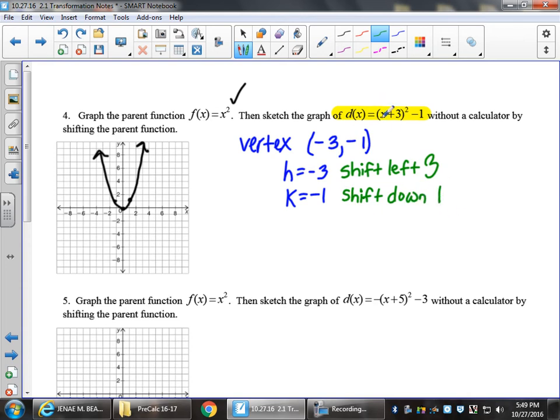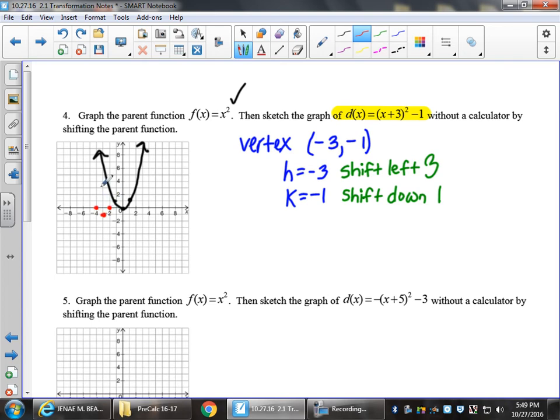I look just to make sure there has been no change to a, so I know that there will be no change to the width. There's no stretch. There's no more wide or more narrow going on here. So we're just going to pay attention to shifting our vertex here. So I started 0, 0, shift left, 1, 2, 3, down 1.